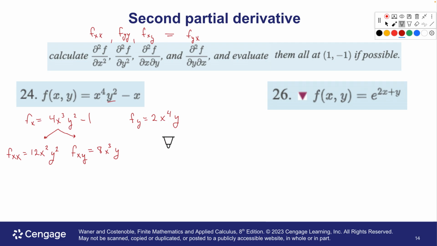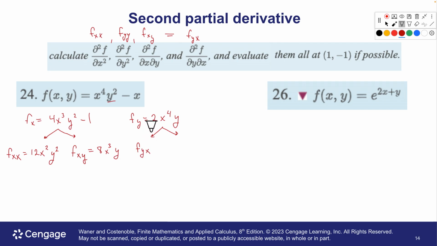Taking the derivative with respect to y, we also get two second derivatives, and we're going to see that this second one here is going to be exactly identical. Let's do this one first. We're going to take the derivative with respect to y, and this time take it with respect to x.